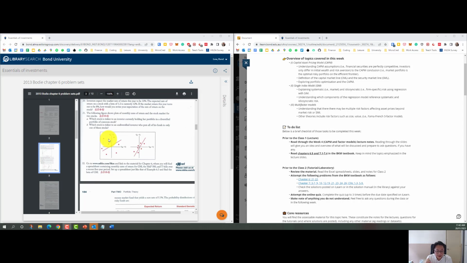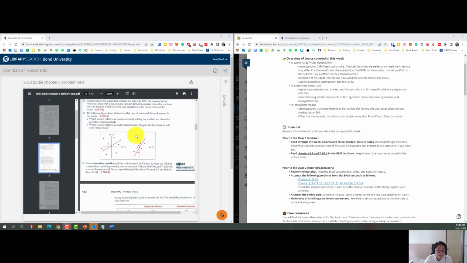Okay, so what happens is that because stock B's slope is steeper than A's, therefore B has greater systematic risk. So that means the slope of A has a lower gradient and therefore lower beta and lower systematic risk.